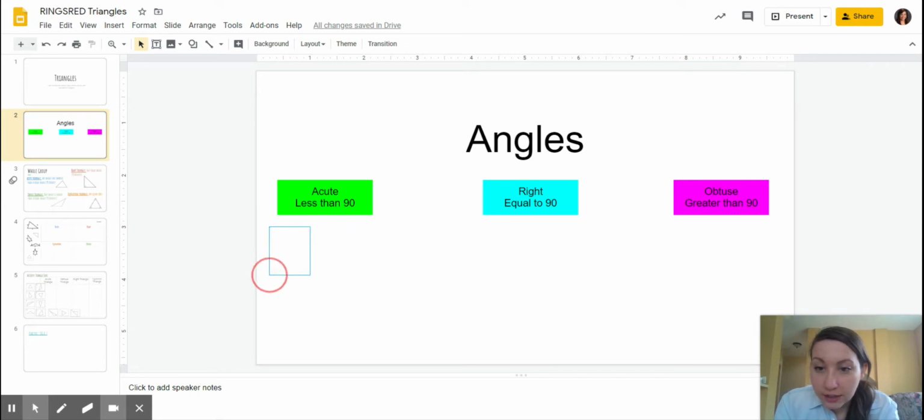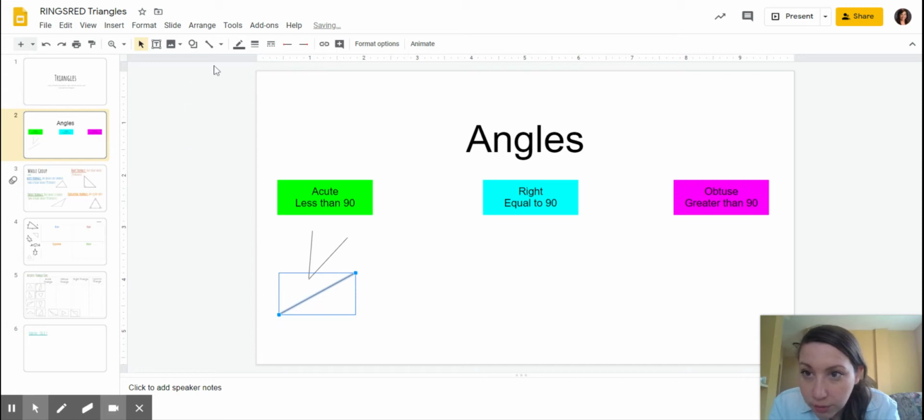And so it looks like a little tiny guy. It could be pointed, it could be pointed down like that, like this, as long as it has two lines that intersect that are kind of close together.